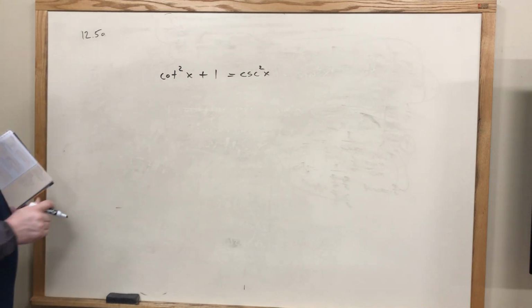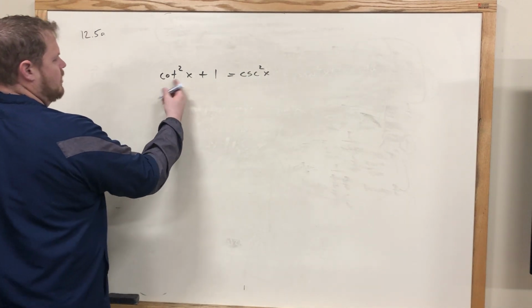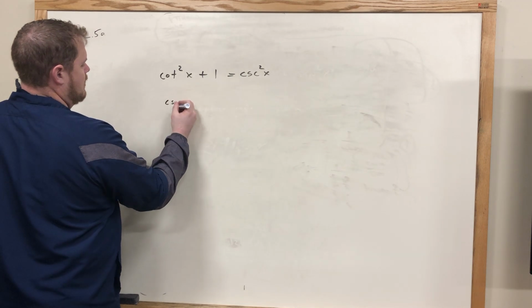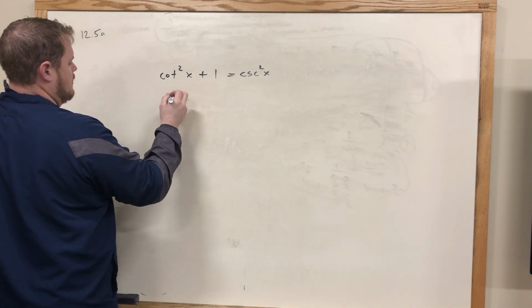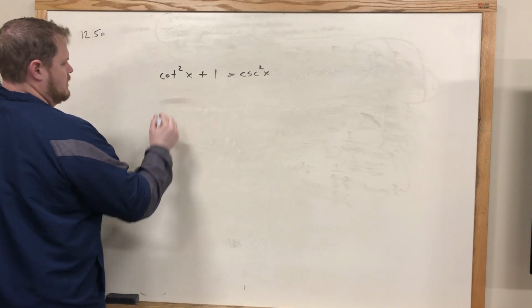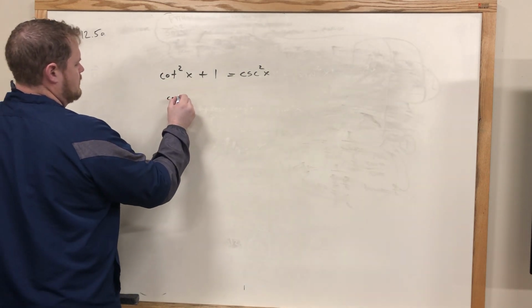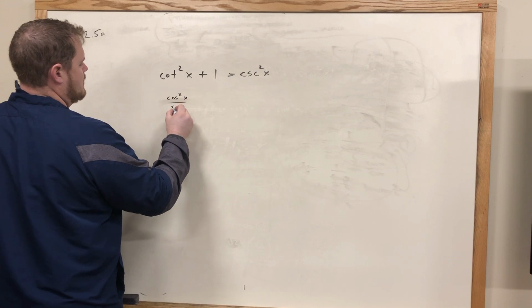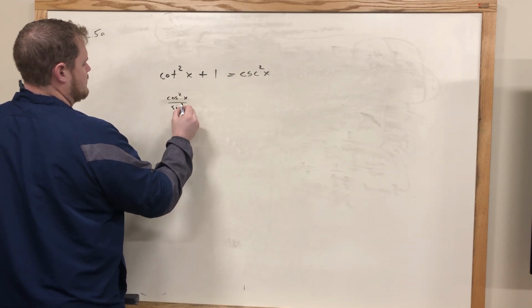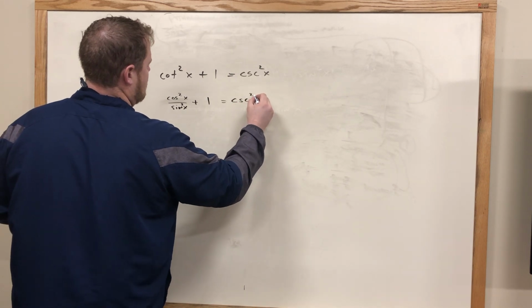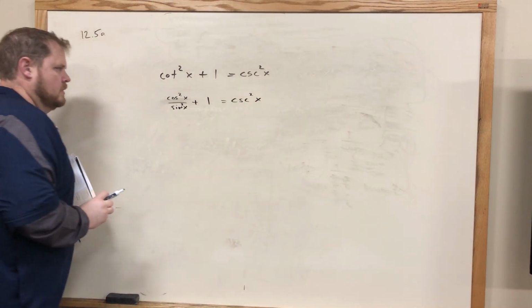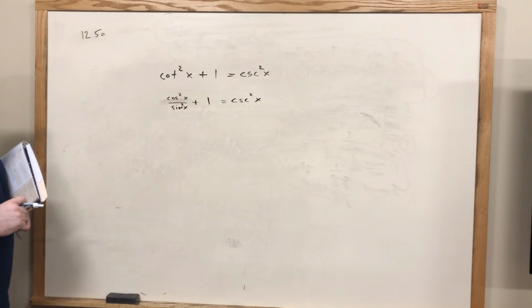What's cotangent? Break cotangent down. What over what, guys? It's going to be cosine squared x over sine squared x plus 1 equals cosecant squared x. All right? Now what?